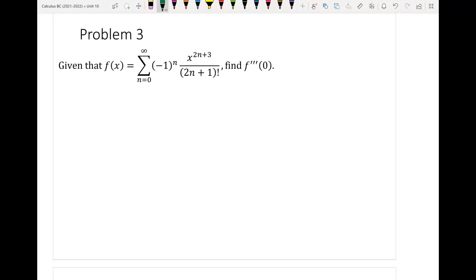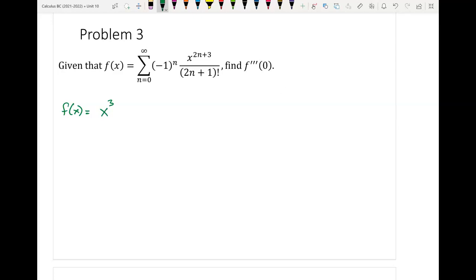So I'm going to go ahead and say, all right, well then f of x is equal to, let's get a couple of our first terms there. So that's going to be negative 1 to the 0, well that's going to be 1. X to the 0 plus 3, so that's going to be x cubed, over 0 plus 1 factorial, so that's just going to be x cubed.